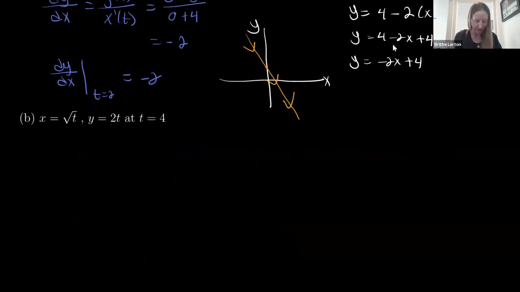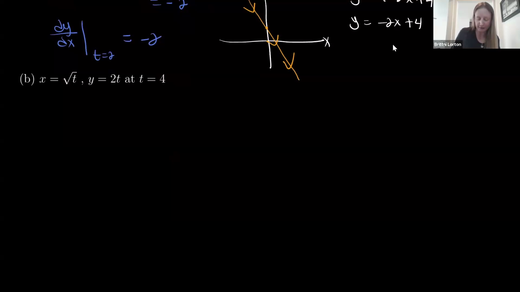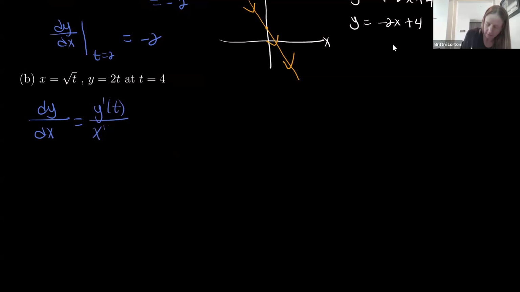A little bit harder for the next one. Start off with finding the derivative. I have x equals the square root of t, y equals 2t, and I'm going to care about this at time equals 4. So I'll start off with the derivative. dy/dx is equal to y prime of t divided by x prime of t for every single parametric equation. So the derivative of 2t is just 2, divided by the derivative of the square root of t.